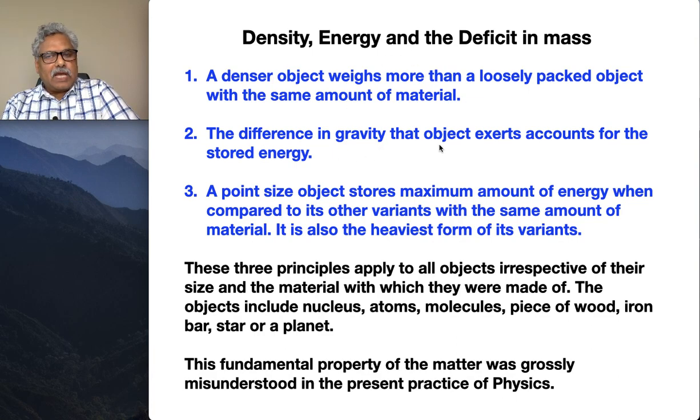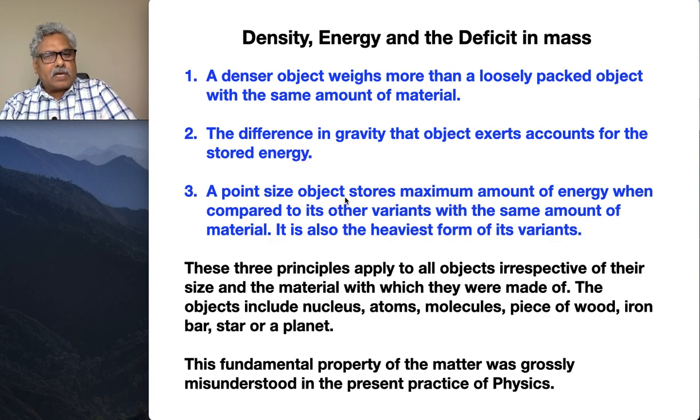The difference in gravity that object exerts accounts for the stored energy. So when you compress an object, the energy you apply to that object is stored in that object in the form of density. So that density itself is an indication of that stored energy.